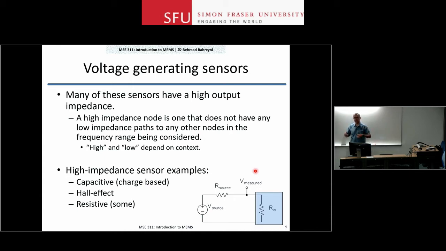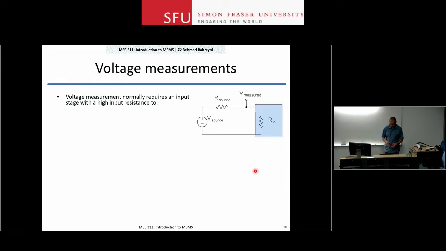You can say that V measured is this much plus and minus this much uncertainty because I don't know R source. It could be anywhere from, let's say, 1 kilo ohm to 2 kilo ohms. And with an R in of, let's say, 1 kilo ohm, that's a 30-40% variation in the output for the same input voltage. So how do we measure these voltages?